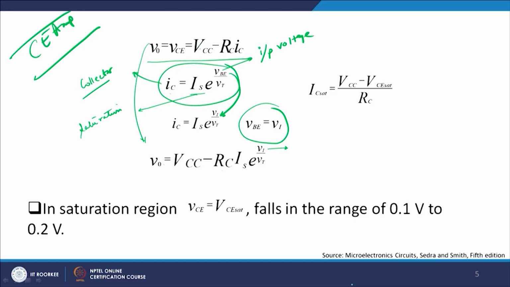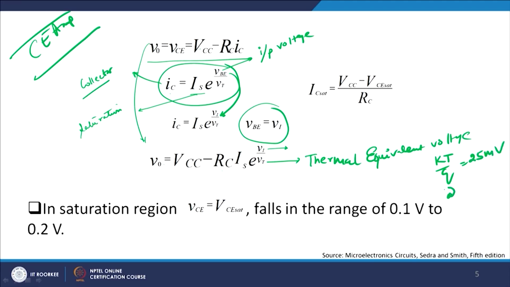VT is the thermal equivalent voltage, which is given as kT by q, and this equals 25 millivolts at 300 Kelvin.